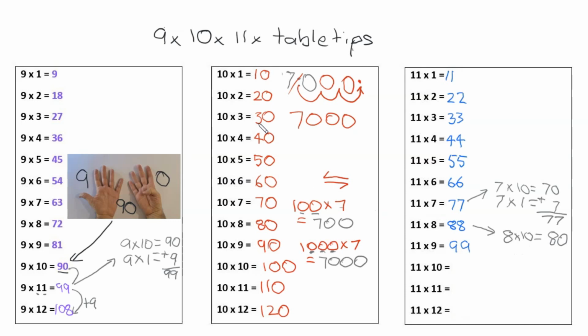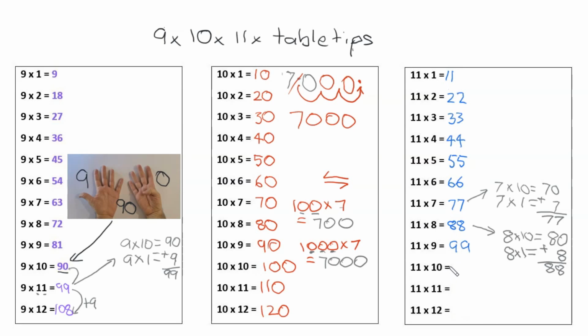Just as we learnt in the 10 times tables tip. And then this is a 1, and 8 times 1 equals 8. And when you add those two, you get 88. But as you can see, it's really important to know the maths and to know the numbers inside the numbers. But it's also good to learn a quick technique like this.